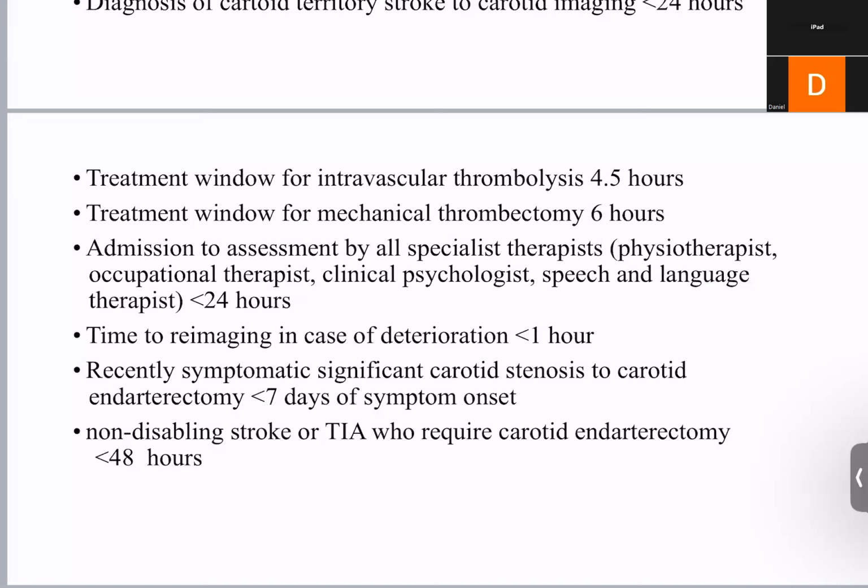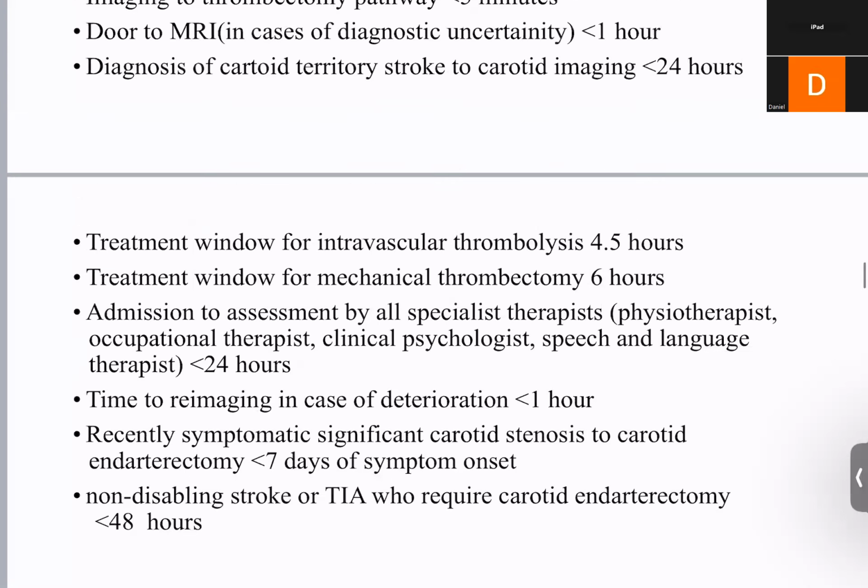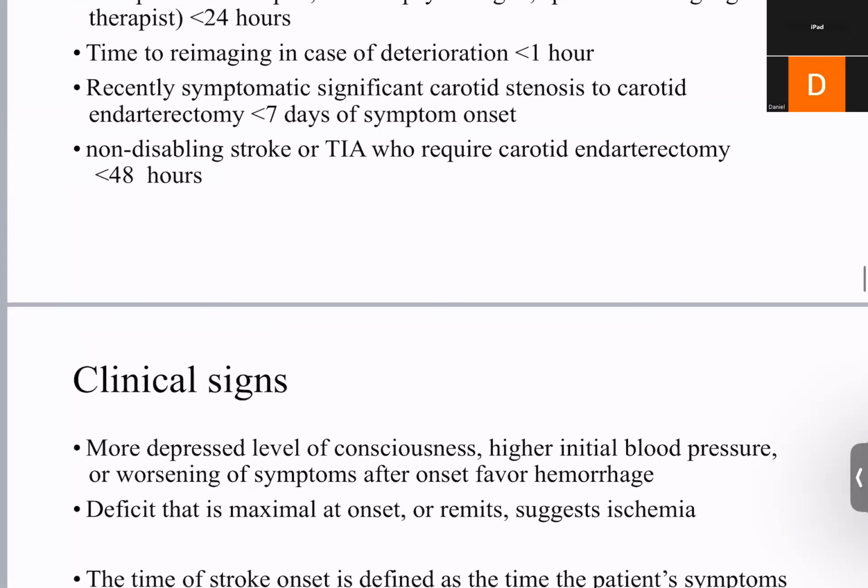If the patient has recently symptomatic significant carotid stenosis, ideally they should be taken for carotid endarterectomy within 7 days of symptom onset. And if it is a non-disabling stroke or TIA, and the patient is found to have carotid stenosis, the carotid endarterectomy should ideally be done within 24 hours. These are just the timelines which they have proposed.